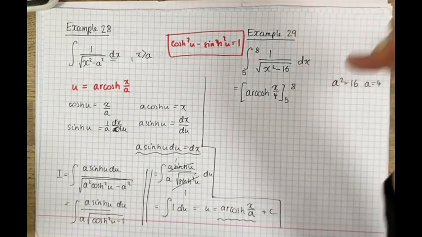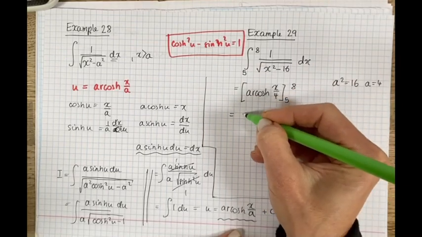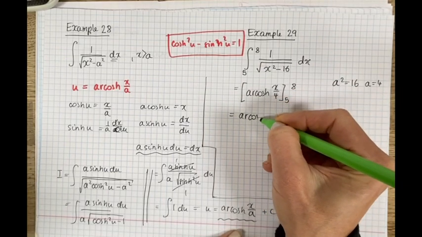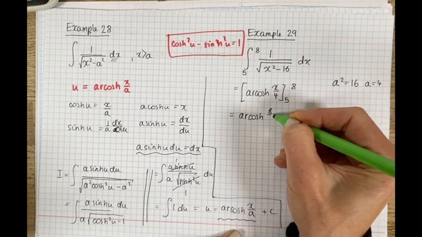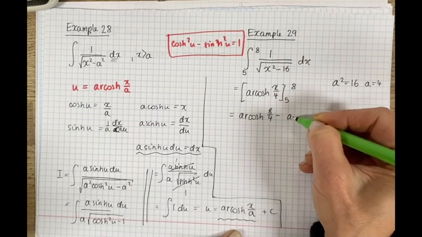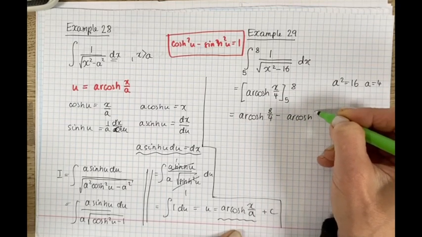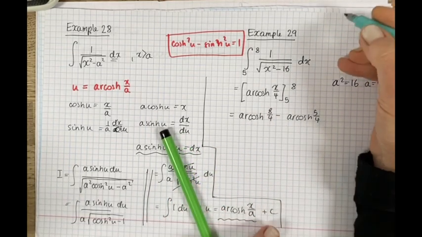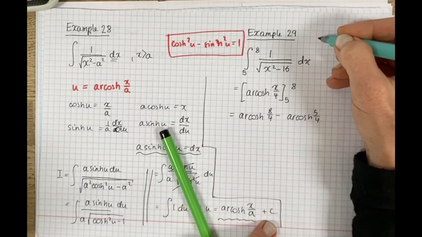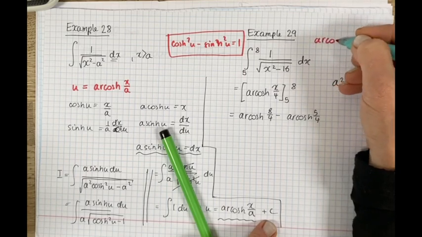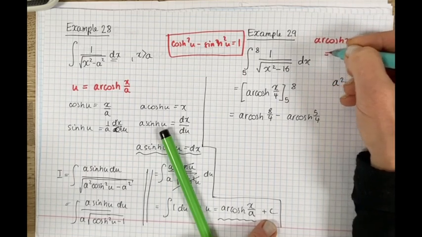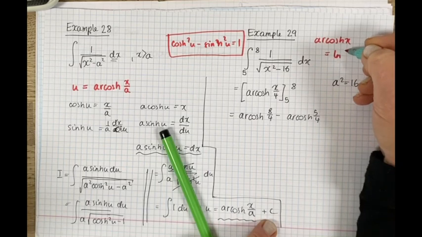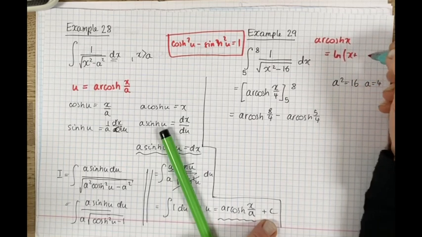Okay, so let's pop the answers in. It's going to be arcosh 8 over 4 minus arcosh 5 over 4. If you cast back to the start of the chapter, you've learned that arcosh x can be found by applying the formula again. This is in the formula booklet.